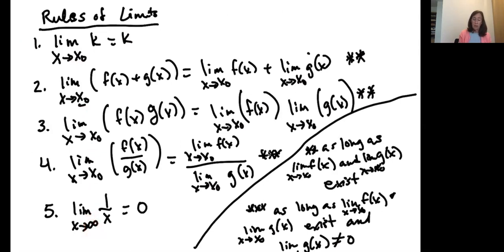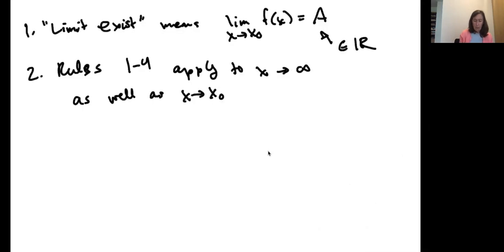The rules all apply. Now, of course, it's important that the limiting value be the same on both sides of the equal sign. If you have the limit as x goes to x0 on one side, that's not going to tell you anything about the limit as x goes to infinity. Okay. The final comment is going to be kind of a segue into a quick example I want to do.